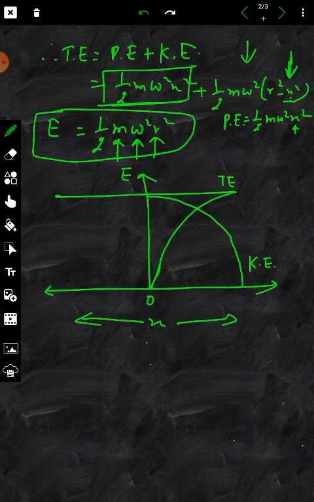Similarly, it happens on the other side. So this is the graph for total energy, kinetic energy, and potential energy. This is how we can represent the total energy of a simple harmonic oscillator.